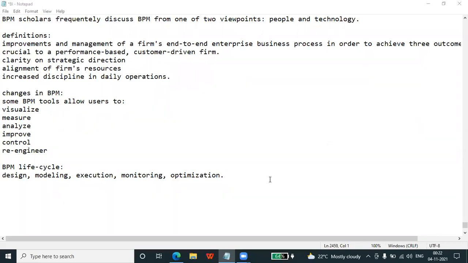So the first step is design. Design consists of both the identification of existing processes and the design of the process.